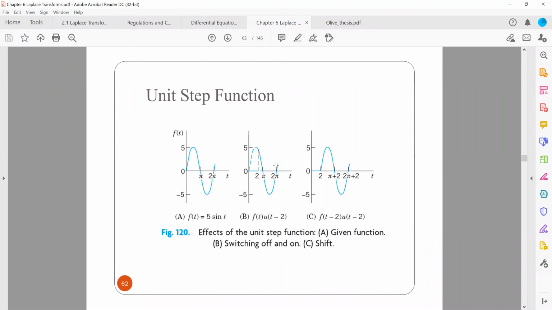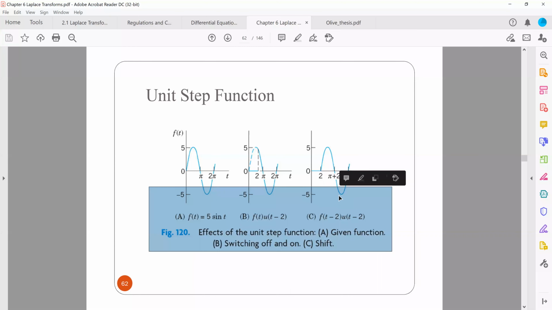Okay. Then if you also delay this function by 2 and then multiply it by a step function, which is also delayed by 2, you reproduce it, but it will be shifted. Instead of starting at 0, the function will begin at 2. This is what they call delay.